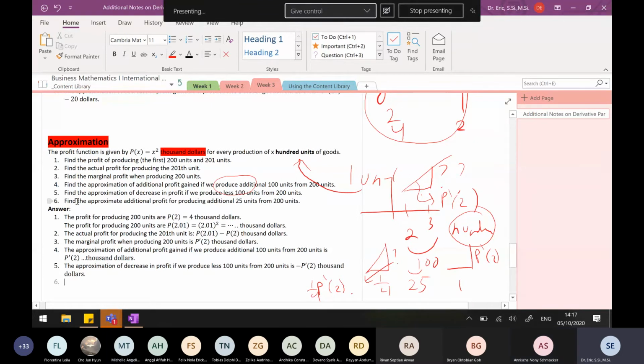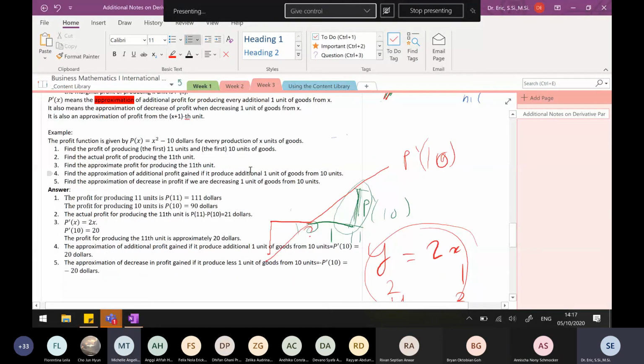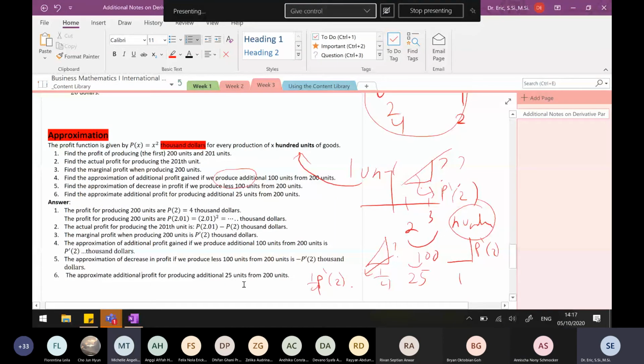So the approximate. That's what we usually call the general approximation. In marginal analysis, it is always one unit. But in approximation, you can have a general one.